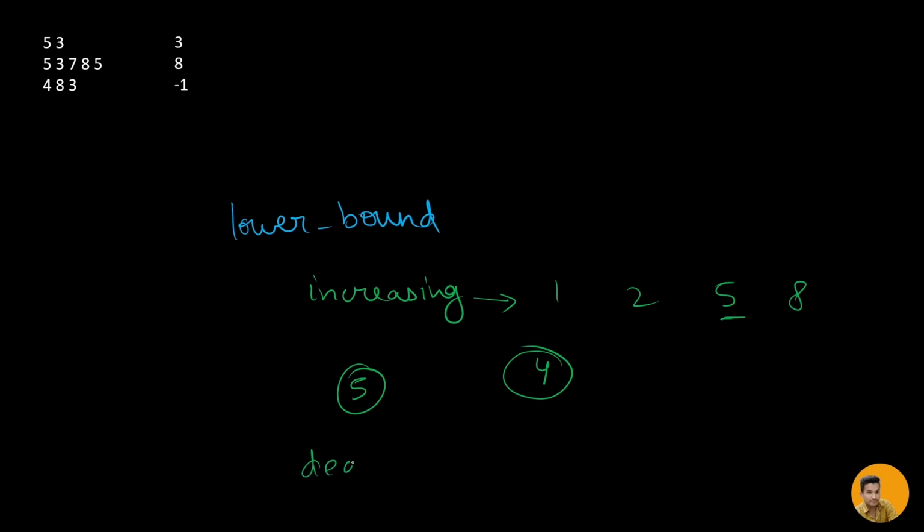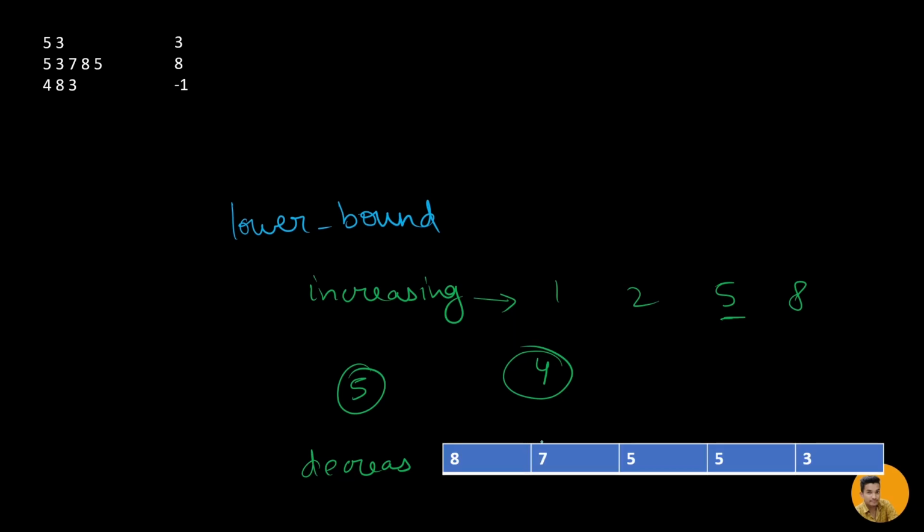And in the case of decreasing, let's take this only. So this will be 8, 7, 5, 5, 3. In case of decreasing, if we take 4, it gives either equal value or just a smaller value. So if equal value is not there, it will give just a smaller value.